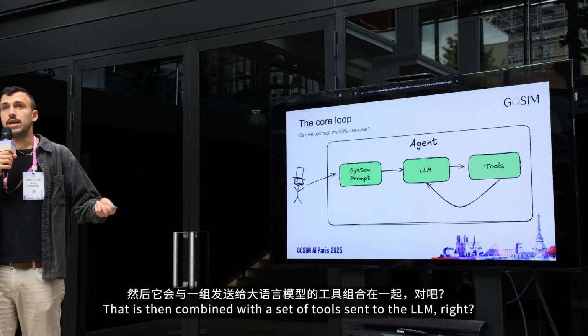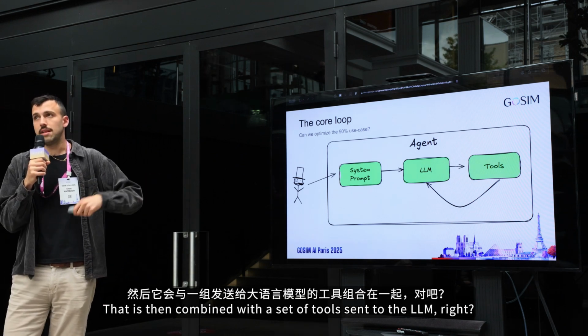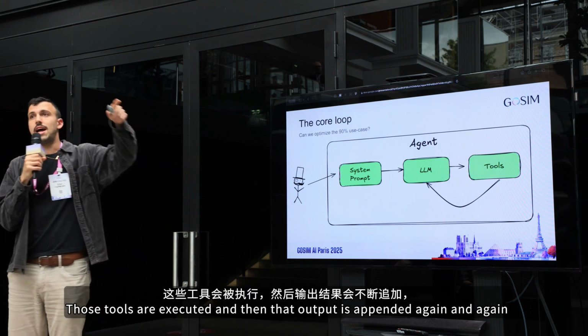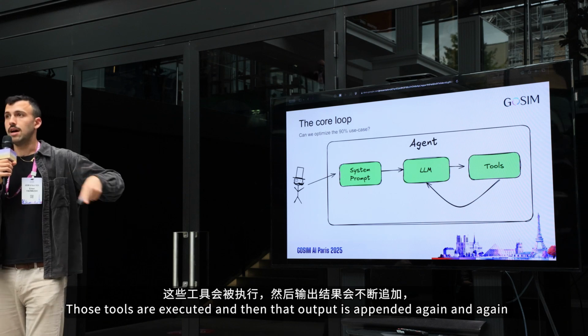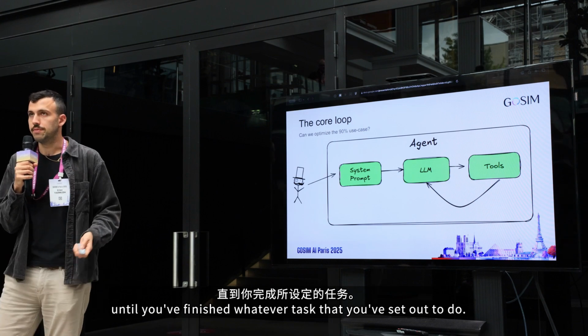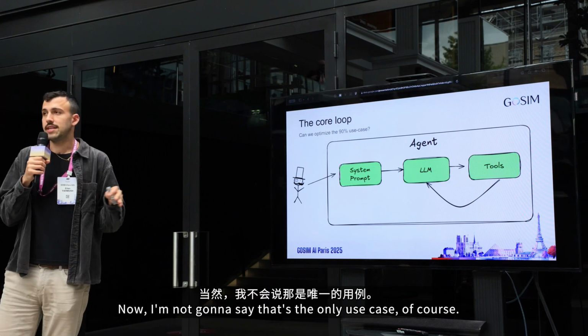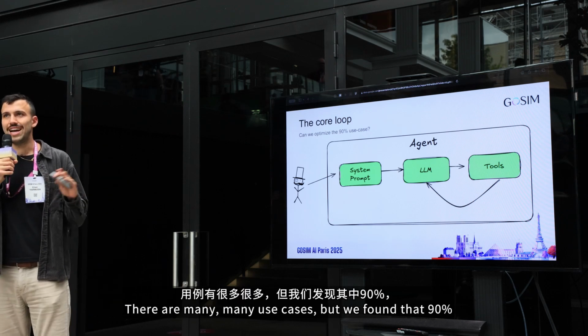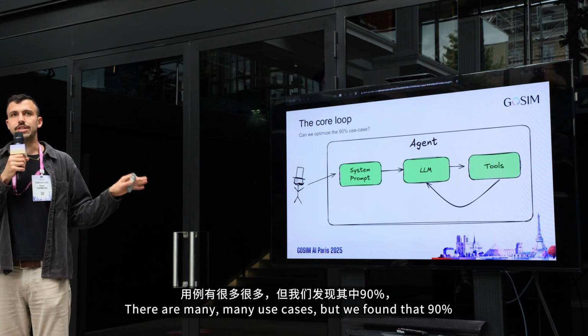That is then combined with a set of tools sent to the LLM. Those tools are executed, and then that output is appended again and again until you've finished whatever task that you've set out to do. Now, I'm not going to say that's the only use case, of course. There are many, many use cases, but we found that 90% of the time, this is what agents are doing.